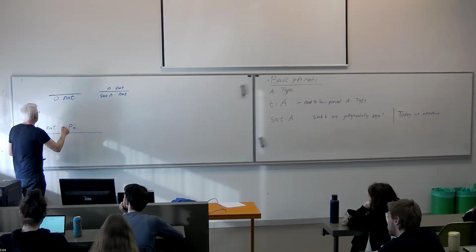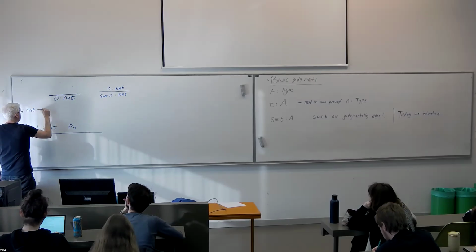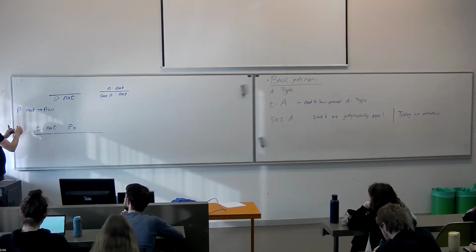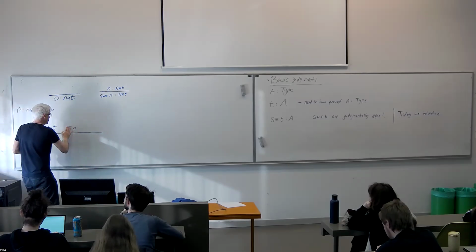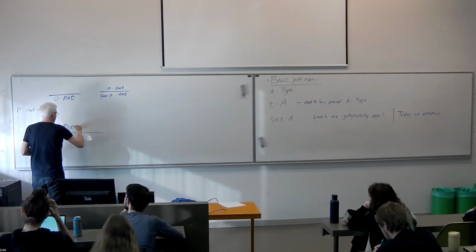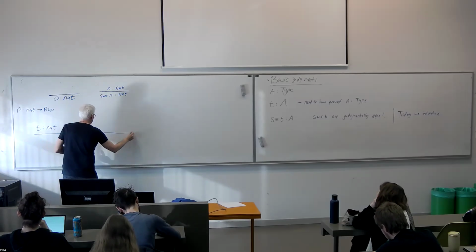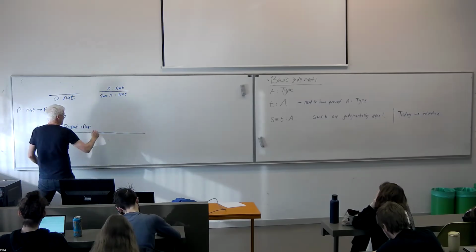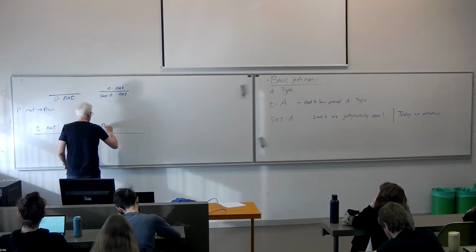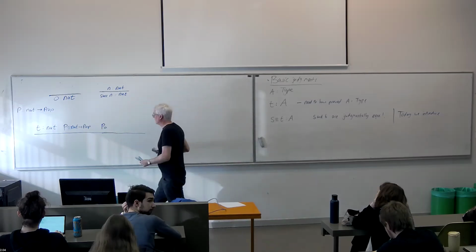Here, think of P as a predicate on natural numbers. So that means we're assuming, let's even put that as a premise in the rule, that we've got some predicate on natural numbers. We've proved that P holds for 0.